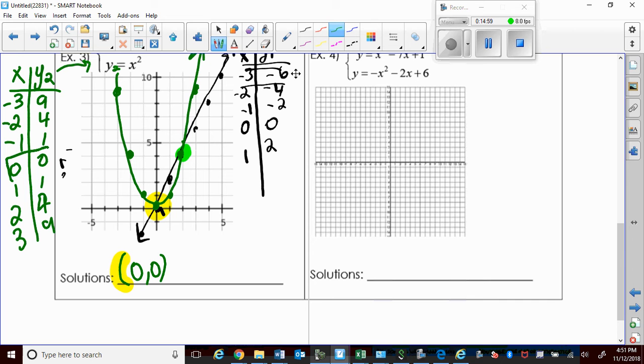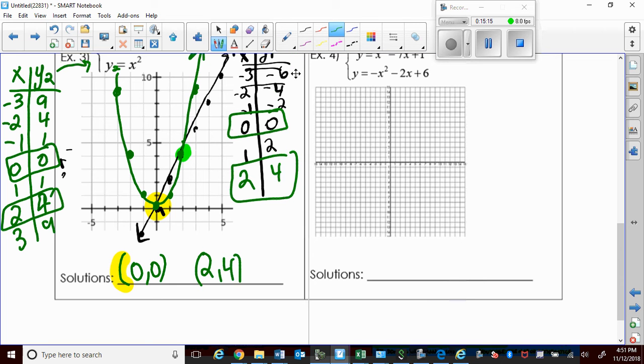And if I look, it matches all the way across. And if I keep going, 2, 4 over here, and 2, comma 4. So let's try that again. We're going to go to y equals, put these equations in, right?